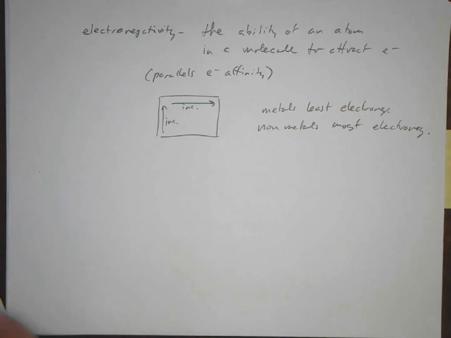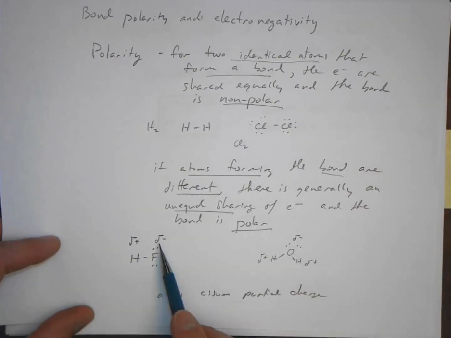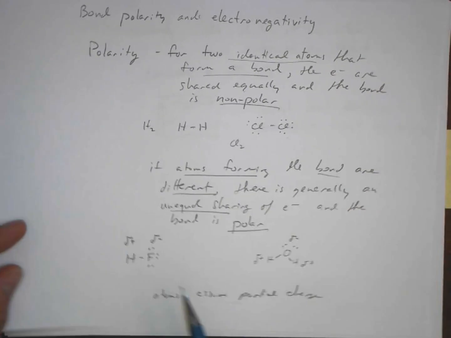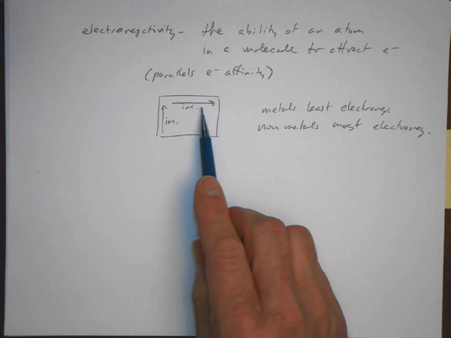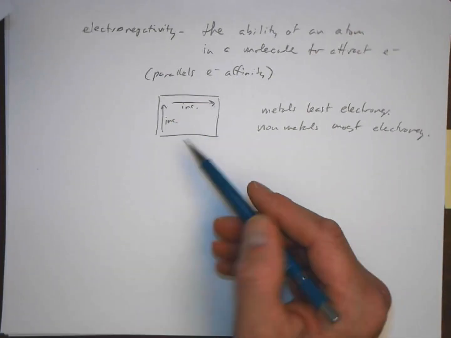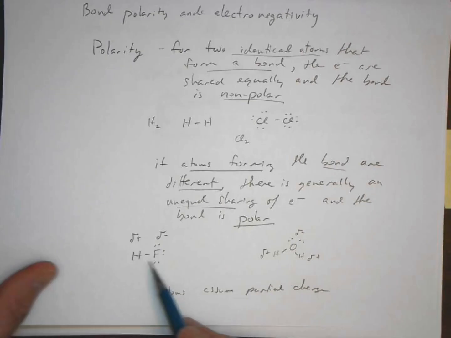All right, so that's the trend that we need to know about. So for example, this would explain why we know that the fluorine would have a delta negative charge and the hydrogen a delta positive charge. Fluorine is more electronegative, right? Fluorine is located here in the periodic table, hydrogen is over here. So it is more electronegative than the hydrogen.